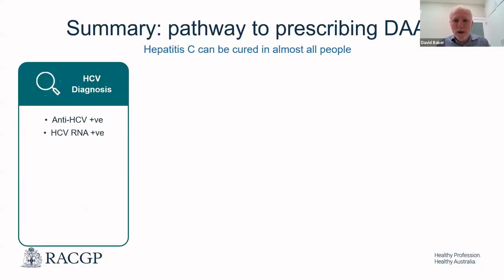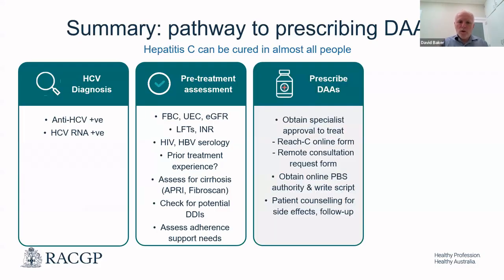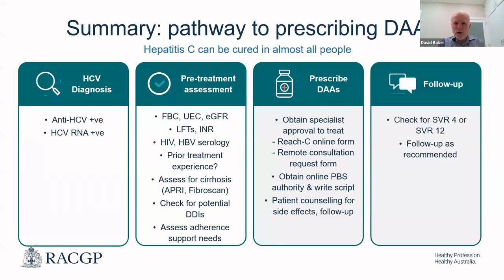I'm just going to quickly summarise diagnosis and treatment, the importance of the hepatitis antibody and then the RNA test, the pre-treatment assessment, particularly important to determine likelihood of cirrhosis, prescribing medication which may require specialist support, and then it's very straightforward to prescribe these drugs on the PBS, and then follow up, checking the SVR at 4 to 12 weeks.